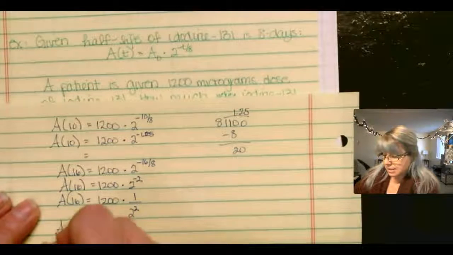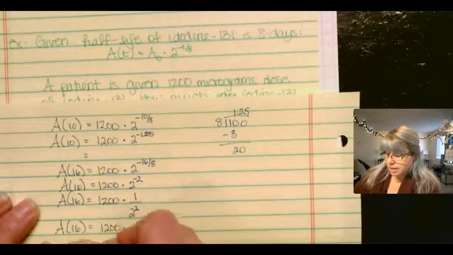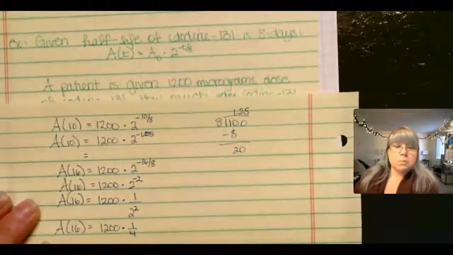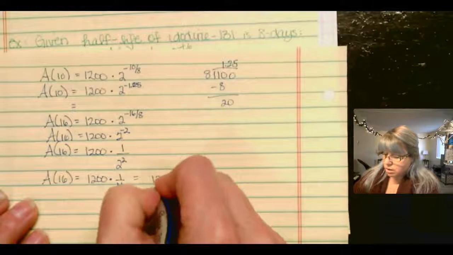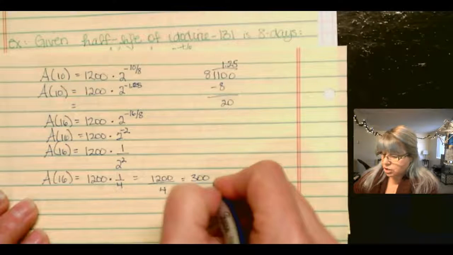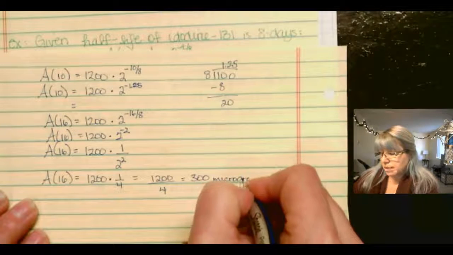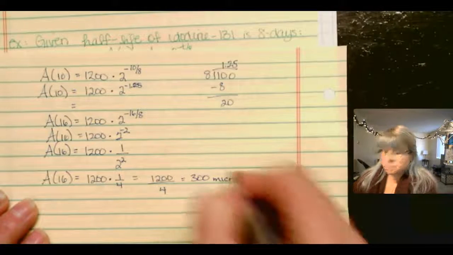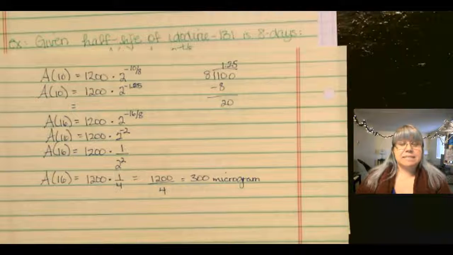So A of 16 will equal 1,200 times 1/4, which is 1,200 divided by 4, which is 300 micrograms left in the system of the patient at the end of 16 days.